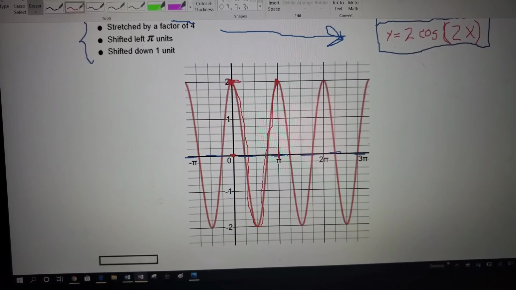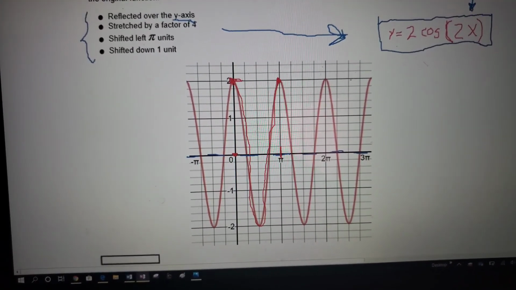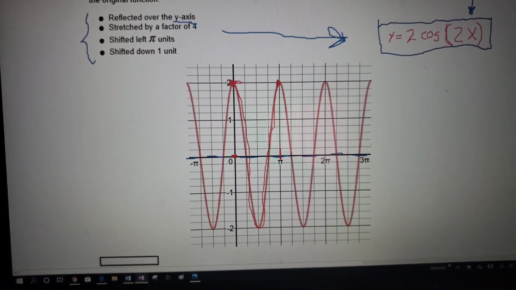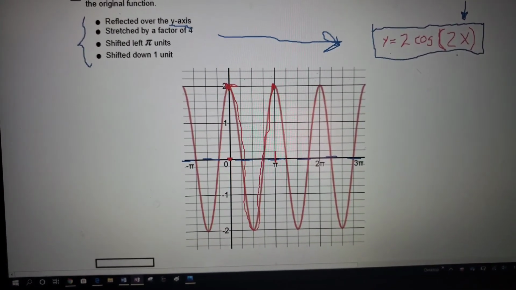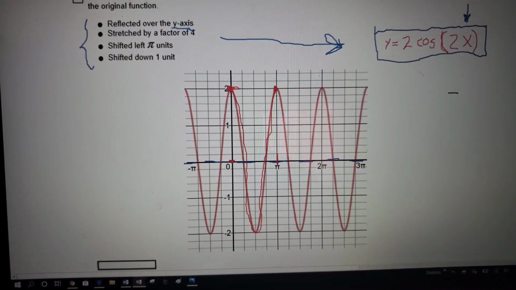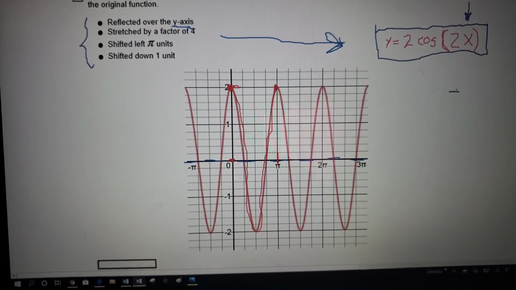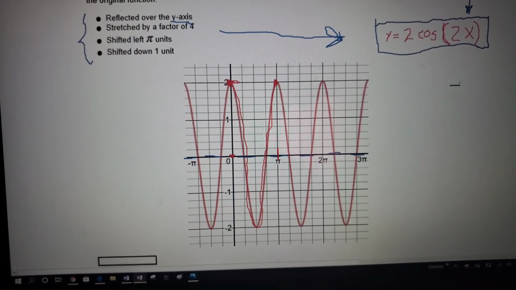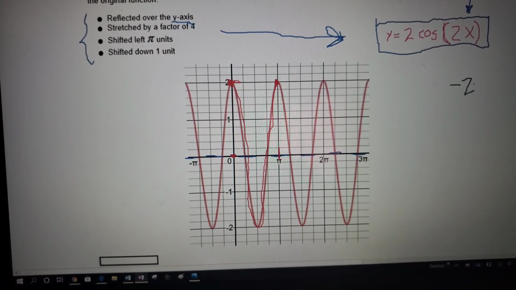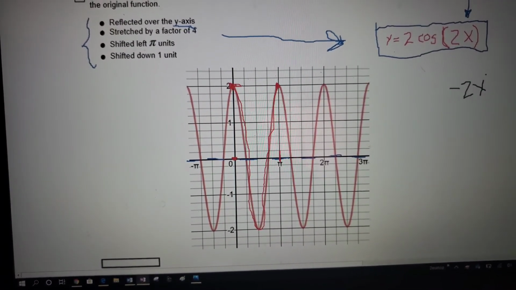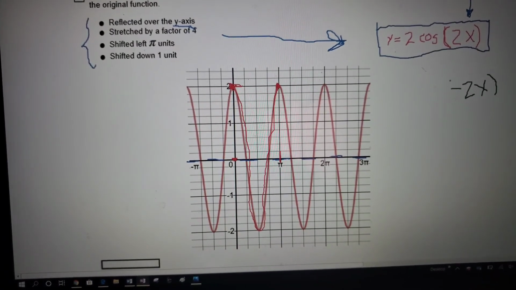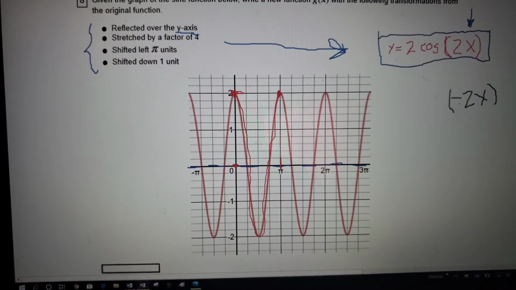And let's go back to using black now. So for my reflection over the y-axis, I'll make this negative, so it'll be negative 2x. So there you go. That's my reflection over the y-axis.